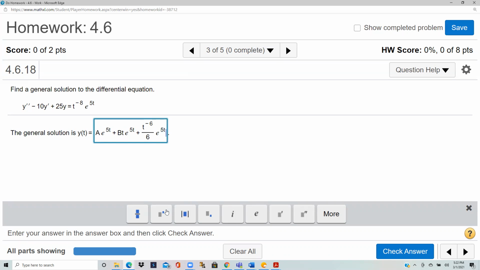I think the next term was minus t power negative 7 over 7 e to the 5t.